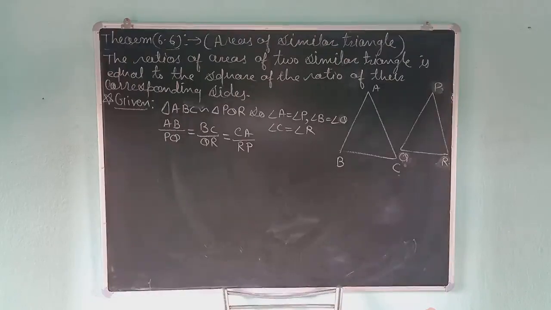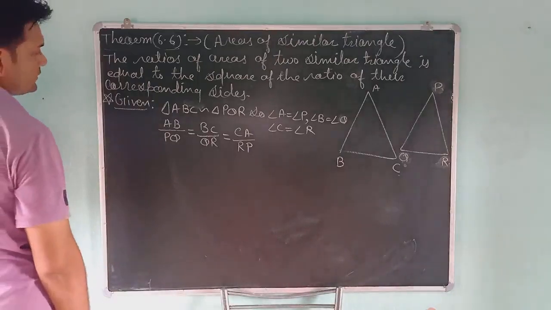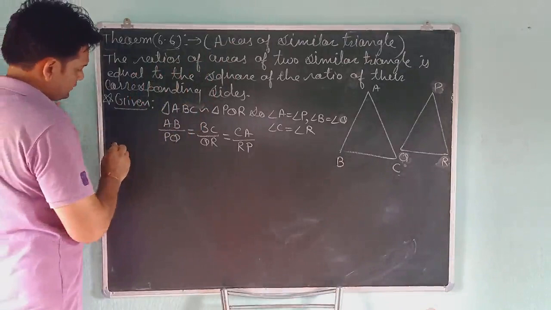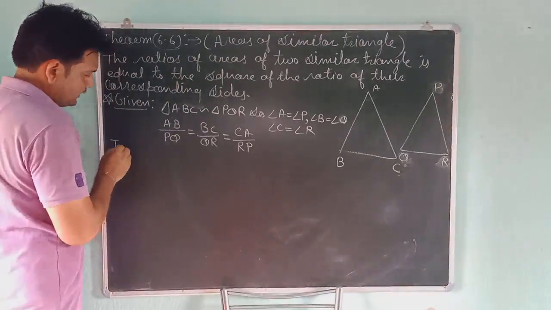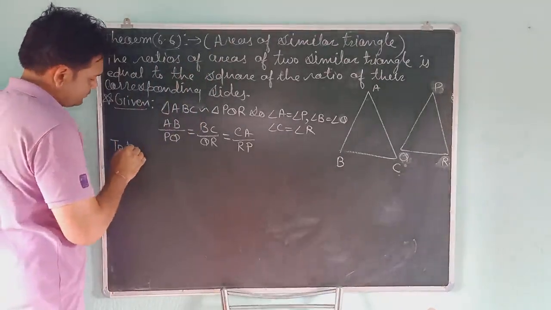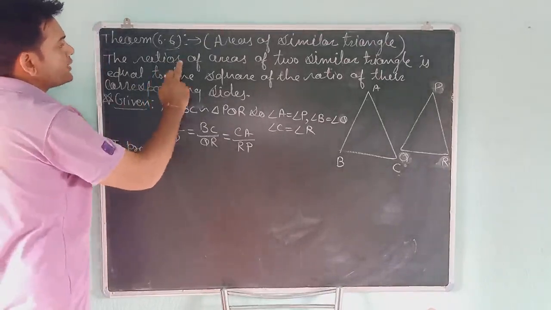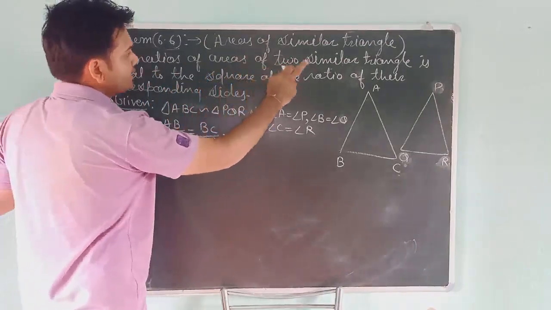Now students, we will talk about what we have to prove. According to my idea, here you will write to prove: ratios of areas of two similar triangles.